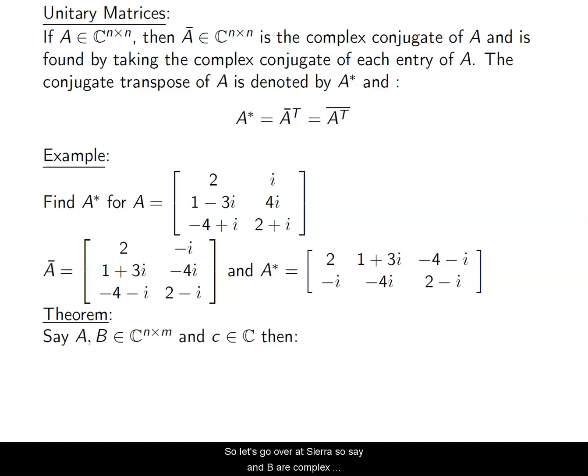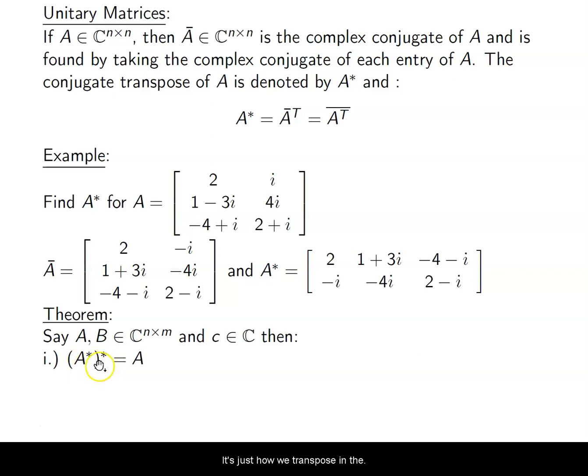So let's go over a theorem. Say A and B are complex matrices that are n by m. They can be square, but they don't have to be. C is a complex scalar. Then for A star, we have these properties. A star star gives me back A. This is like saying A transpose transpose.